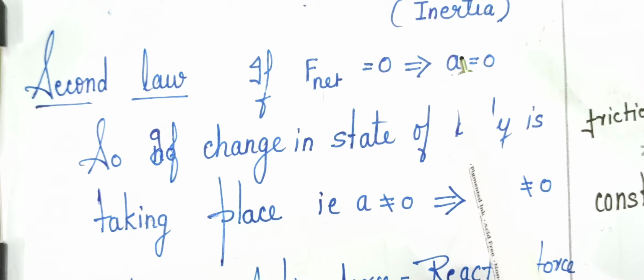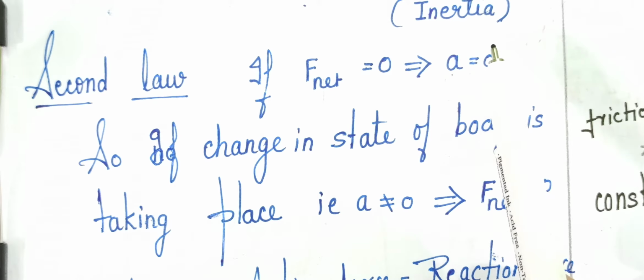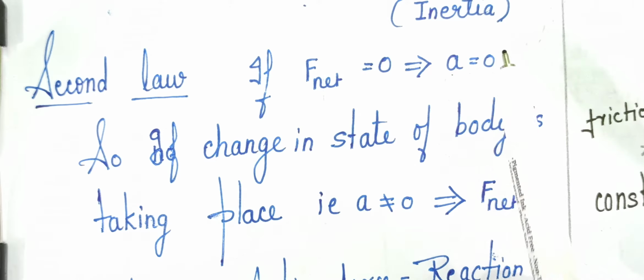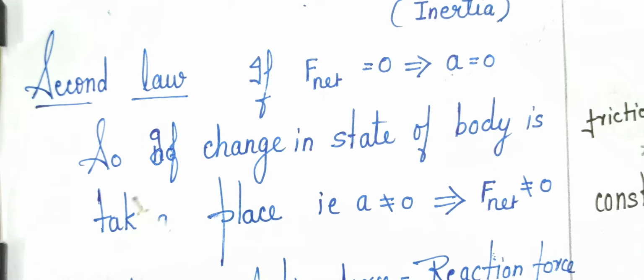Either it accelerates or it decelerates, or it changes its direction. So, if there is a visible change in the state of a body, that is, the acceleration of the body is not 0, then that means that the net force acting on the body is not 0.